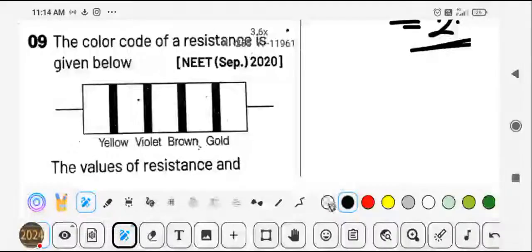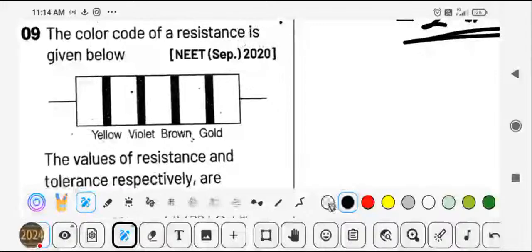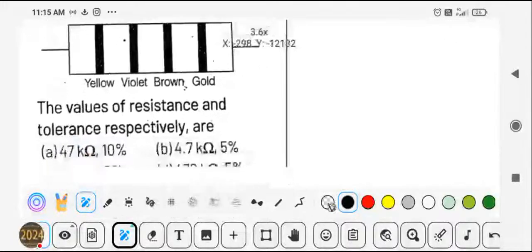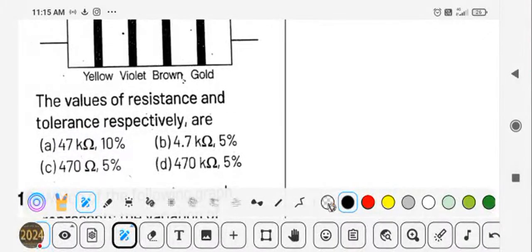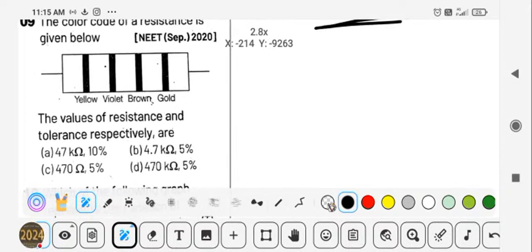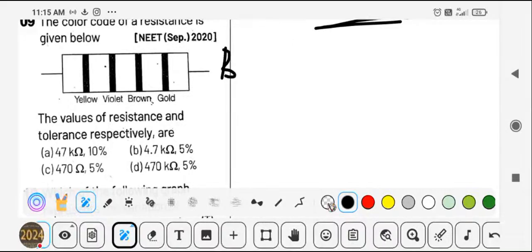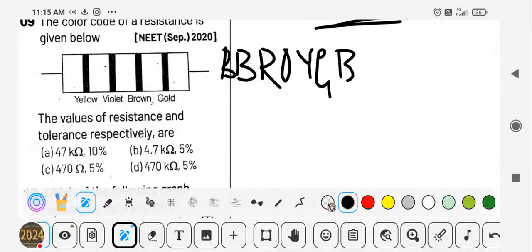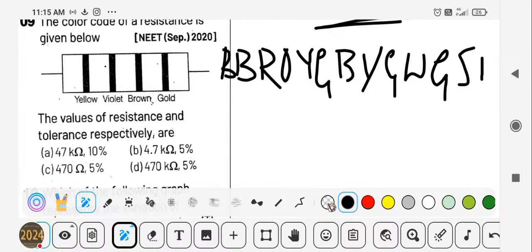Yes, moving on to the next question. The color code of the resistance given below is, they are asking the value of the resistance and tolerance. See, one shortcut for remembering this color code is BB Roy of Great Britain has a very good wife wearing gold silver necklace, right?